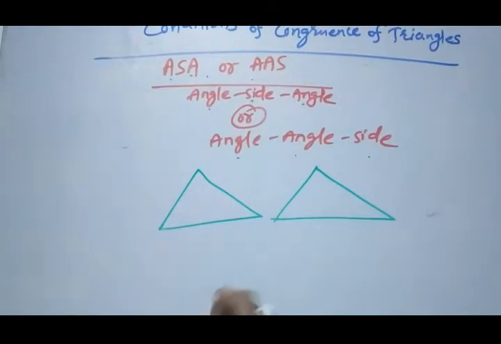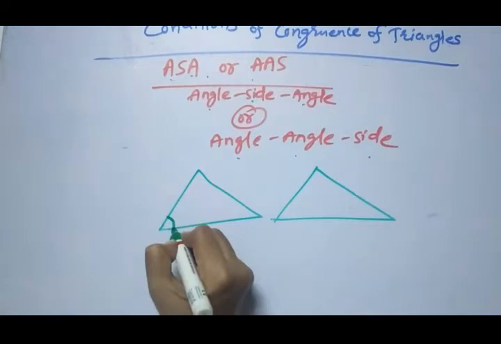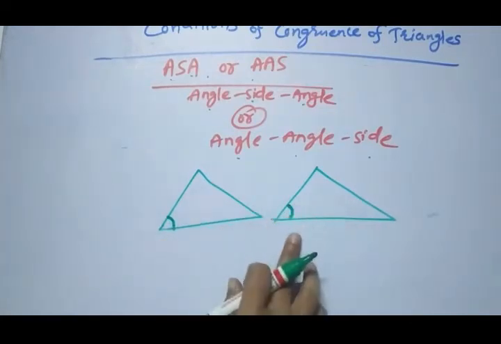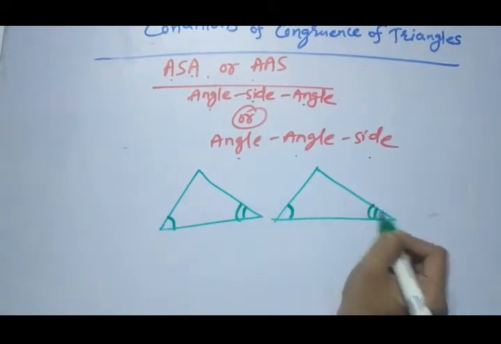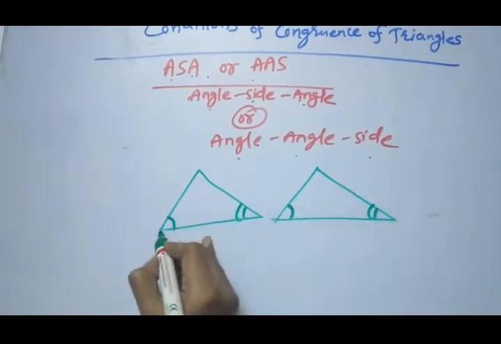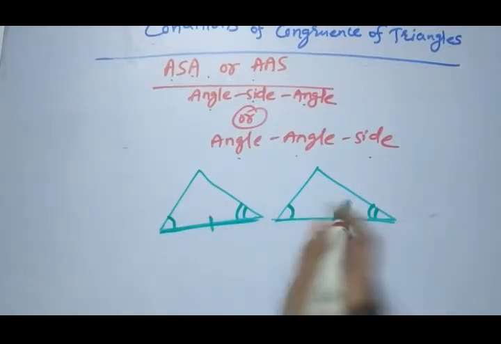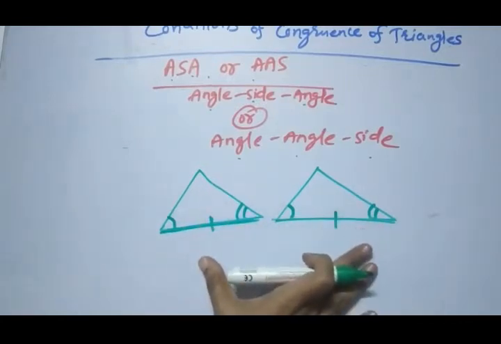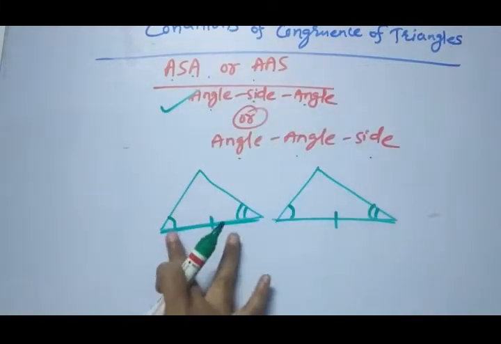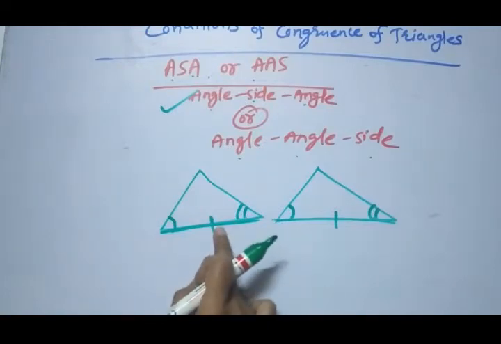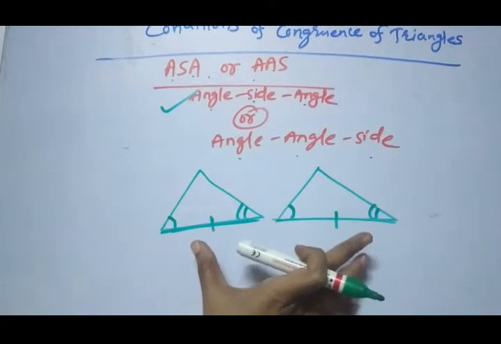Sometimes two angles and one included side, like you can see, suppose this angle is equal to this angle of the other triangle, and here also one more angle is congruent to this, and the side which is included in between them is also congruent. So you can say that these two triangles are congruent by using the criteria angle side angle, meaning between two angles one side is there. So these two triangles are congruent.